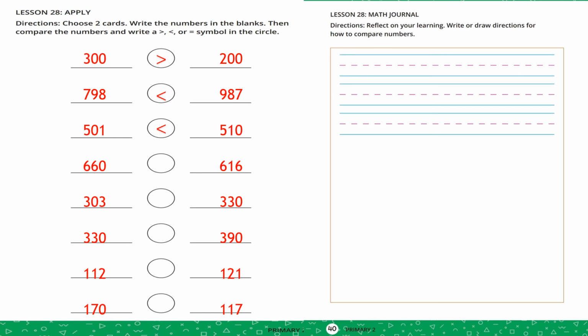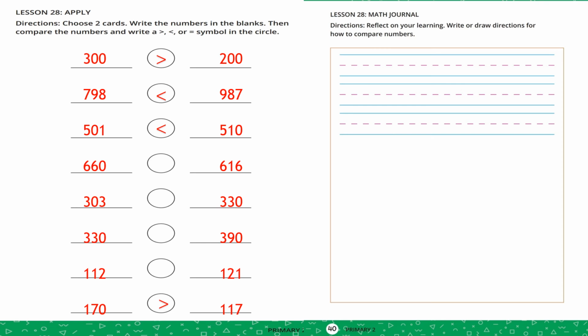Complete this exercise. The last one, 170, 117. 1 in hundreds and 1 in hundreds. Look at the tens. 7 and 1. Then 170 is greater than 117.